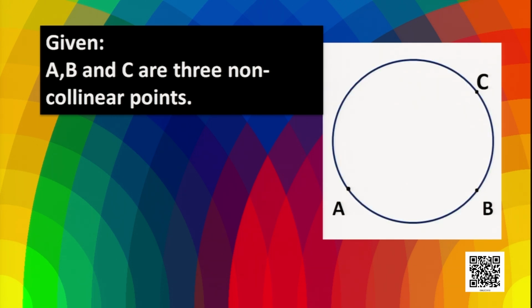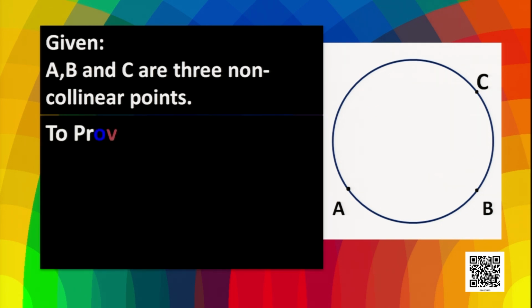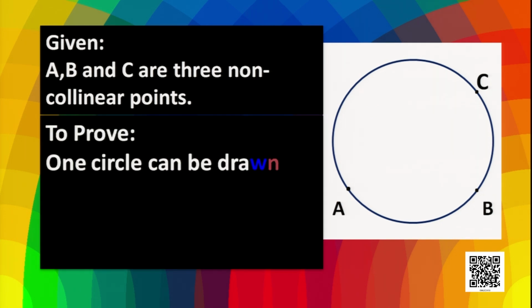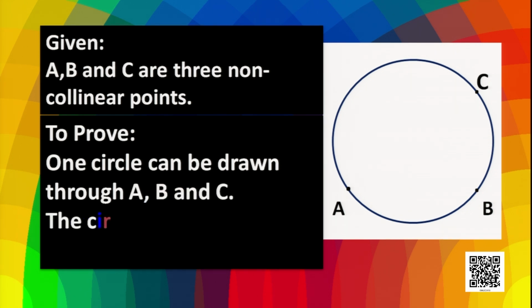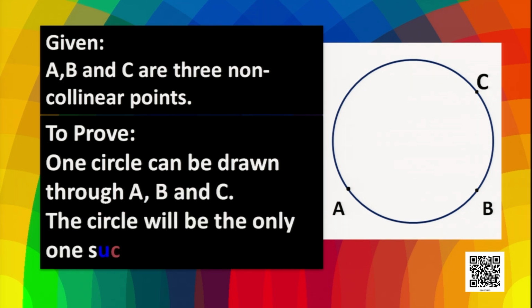Here we have to prove that one circle can be drawn through A, B and C, and the second part says that this circle, as you see in this figure, will be the only such circle. So to prove this, let's have some construction.